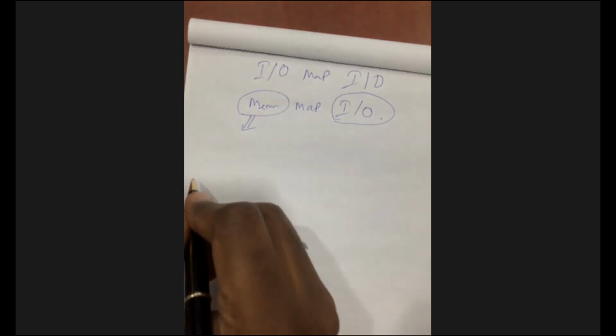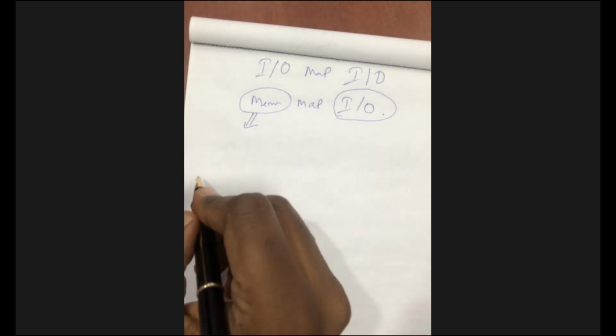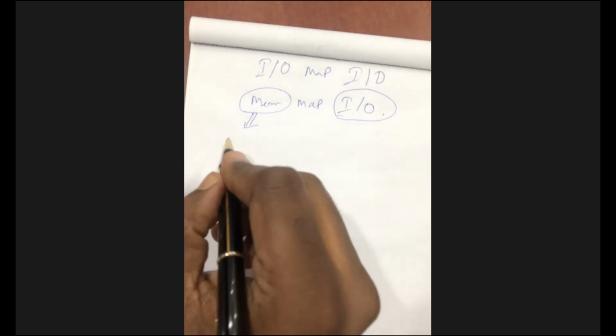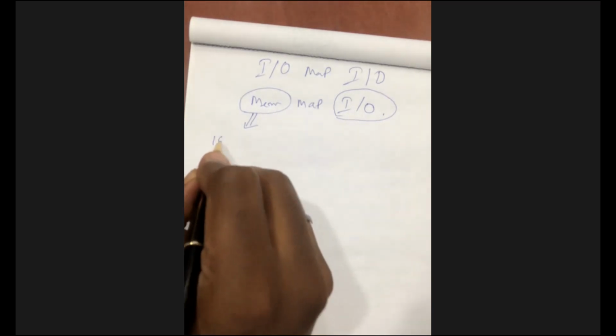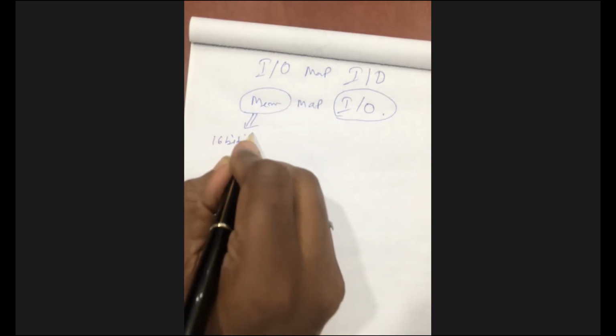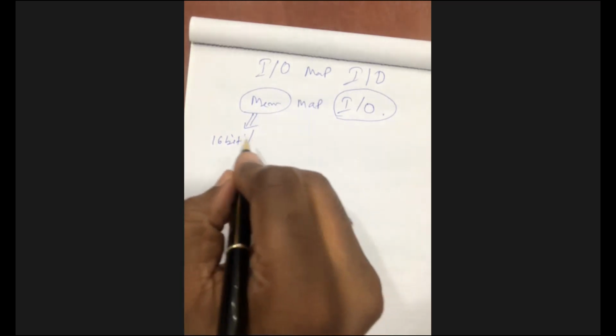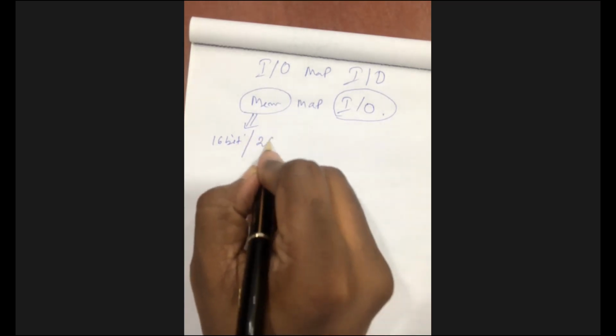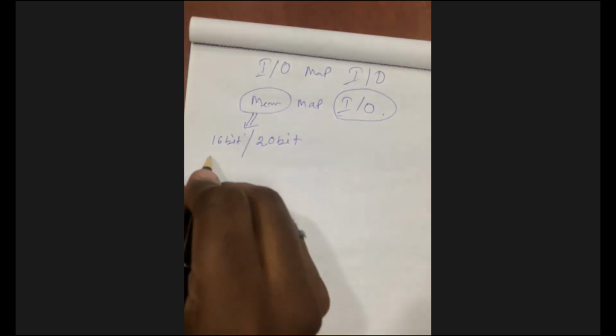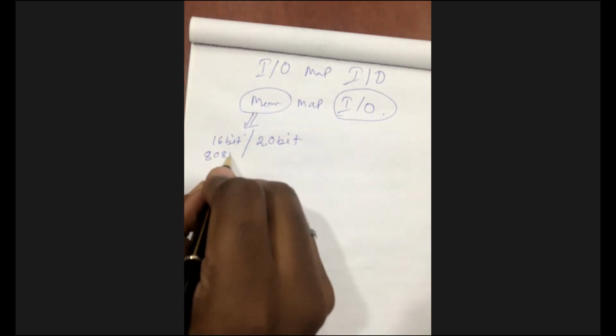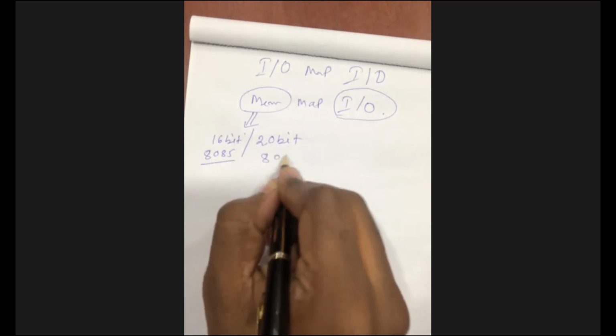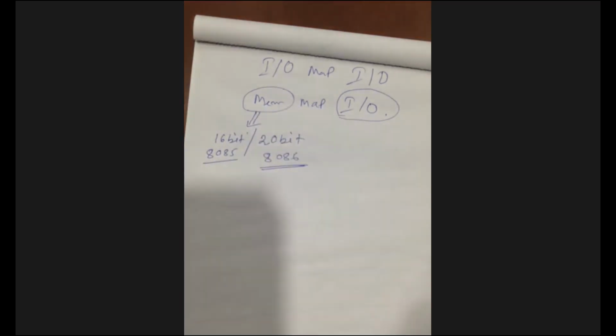In 8085, how many bits is the address bus? 16-bit, A0 to A15. In 8086, it is a 20-bit address bus. So this is called the memory address.